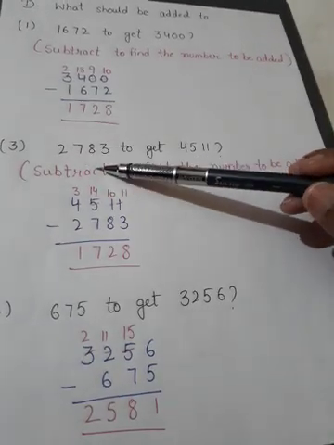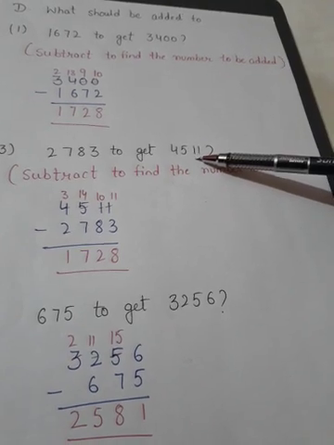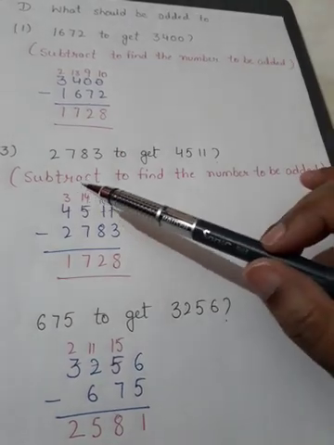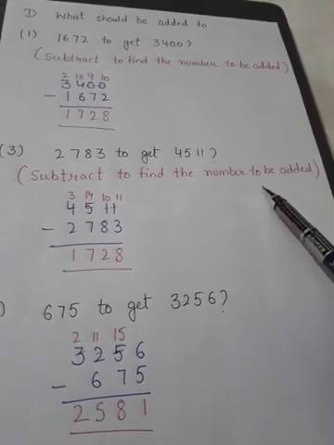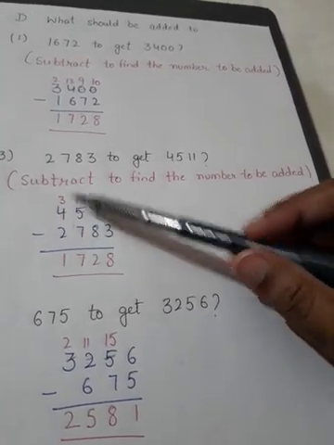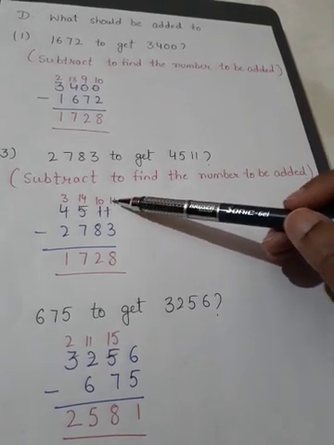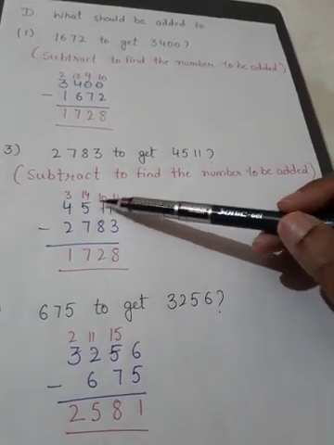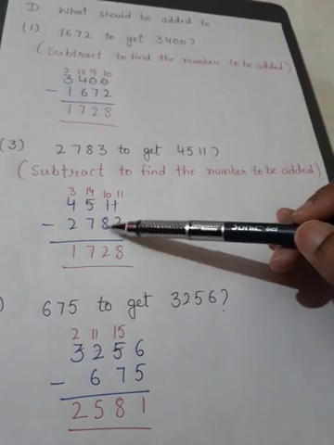Now see the third part. This is 2783 to get 4511. Same thing: what we add to this, we will get this. For that what will we do? Subtract to find the number to be added. So start. This is 4511 minus 2783. 1 cannot subtract 3, so it will take borrow from this 1, right? So this is 11 minus 3 is 8. 0 left, so 0 cannot subtract 8, take borrow from this 5. So now this is 10 minus 8 is 2.